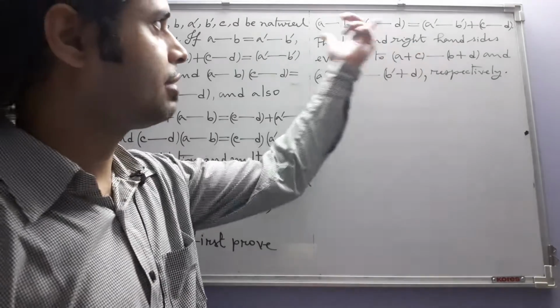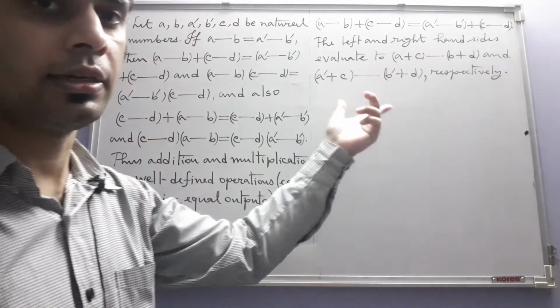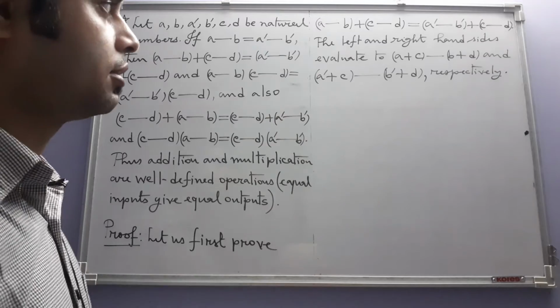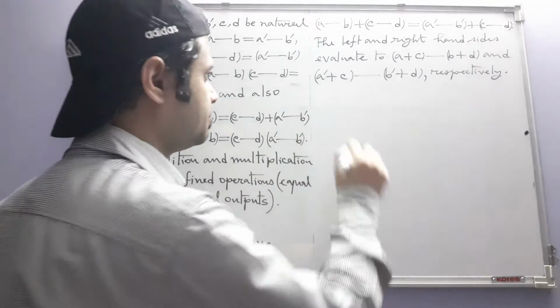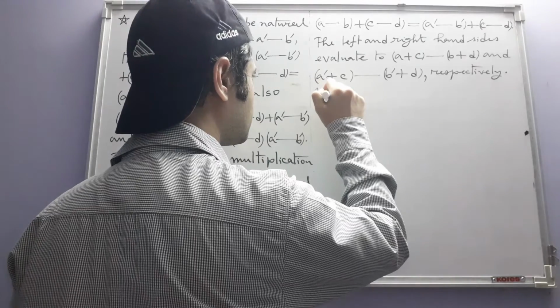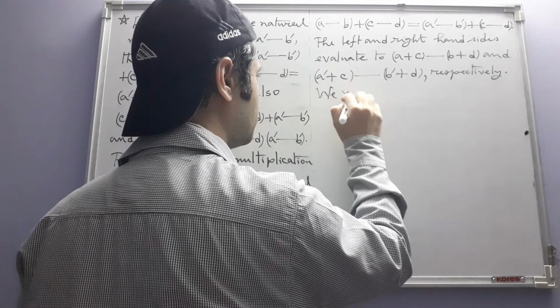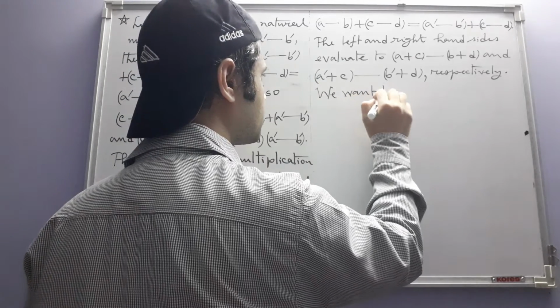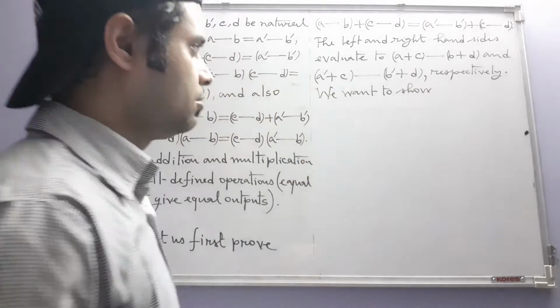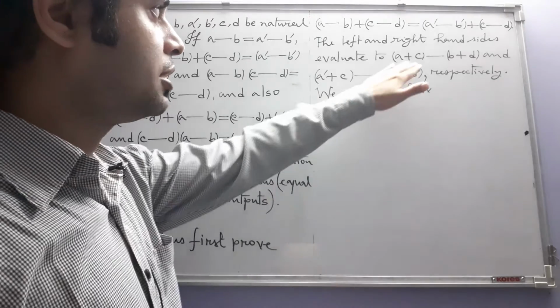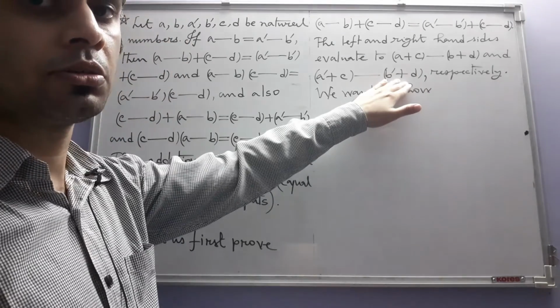So this is the left hand side and this is the right hand side according to our definition of addition. We want to show that these two things are equal, so these two integers should be shown to be equal.